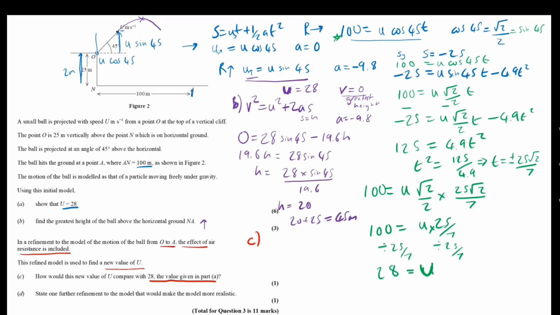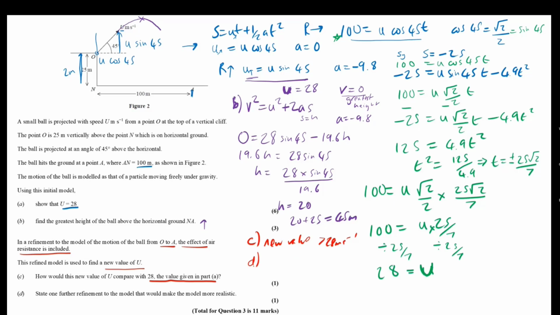So if you've got air resistance included, the new value has to be greater than 28 meters per second, because air resistance is included. So u has to be a bit faster than initial projection.